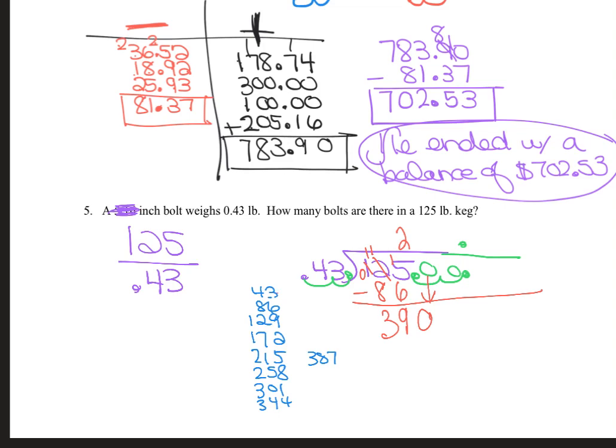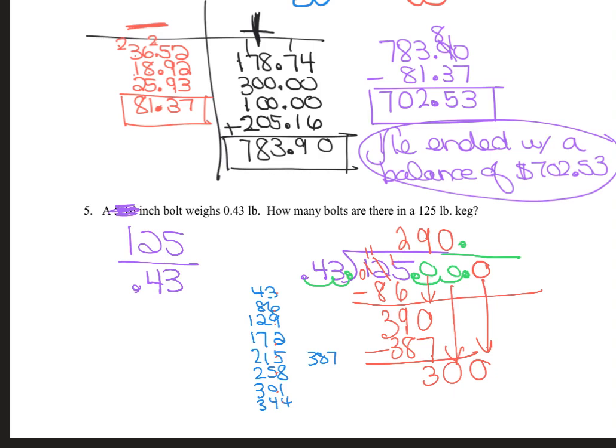So that goes in 3, 4, 5, 6, 9 times. 387, and I get 3. And I bring that down, and it does not go into 30, so I get 0, but now I add another 0 because ultimately I still have a remainder.